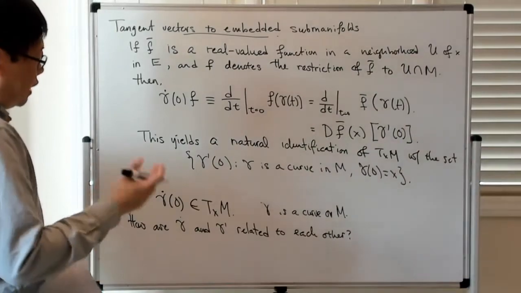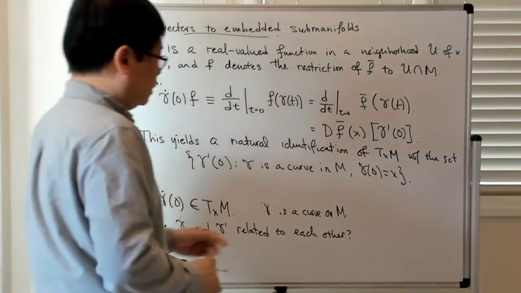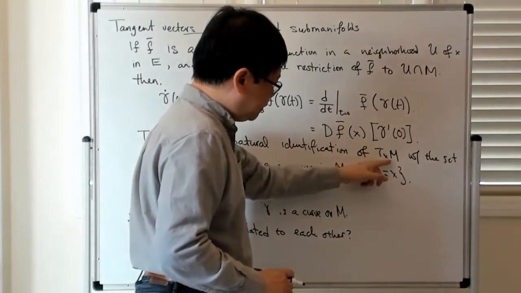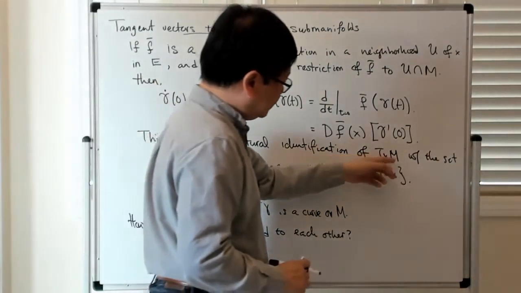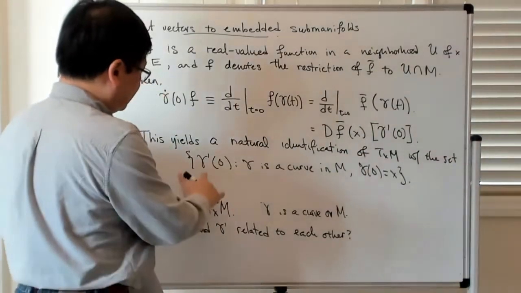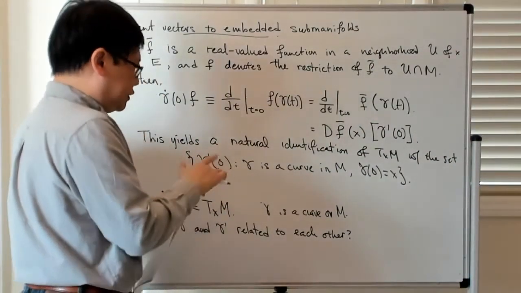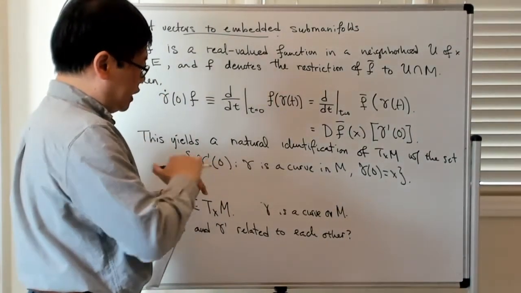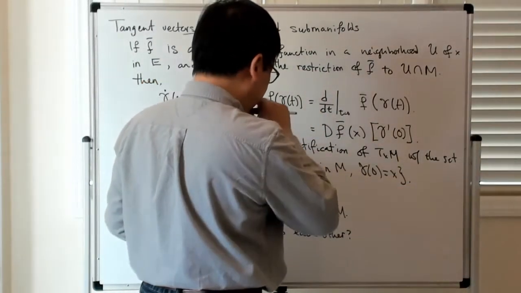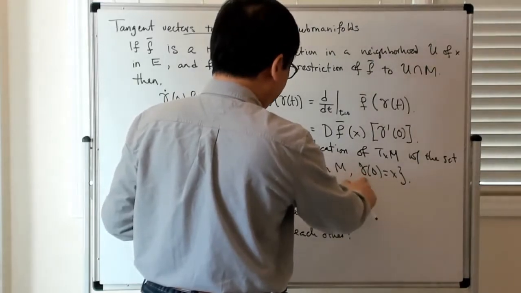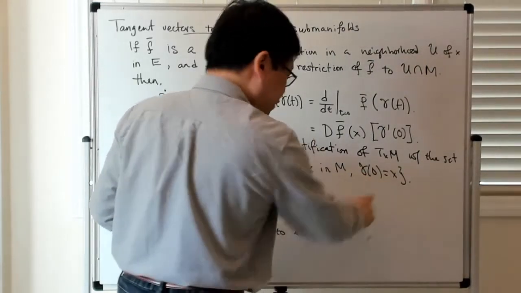So you identify the tangent space at x of a manifold M with essentially the tangent vectors where you take all possible curves in M, embed them into the Euclidean space, as long as the curve at time 0 is the point x.